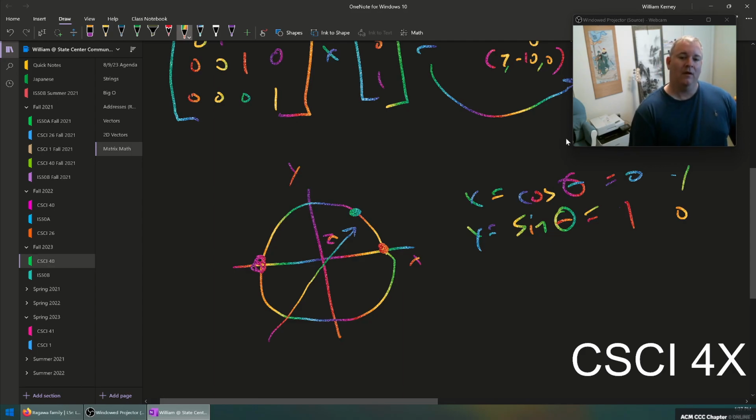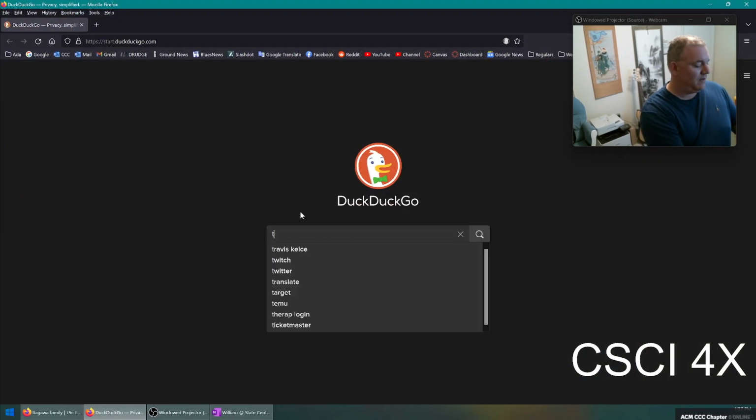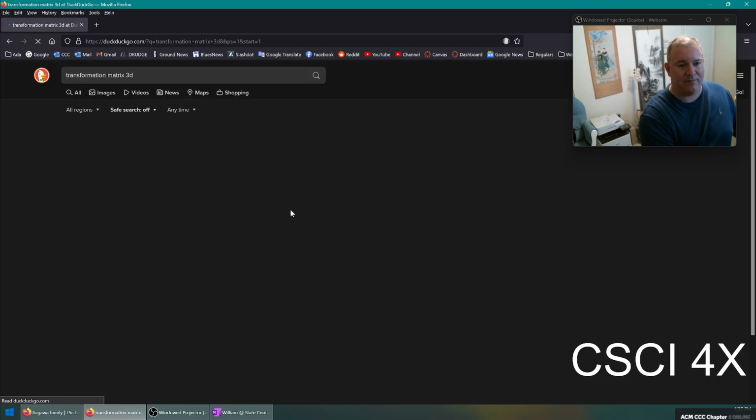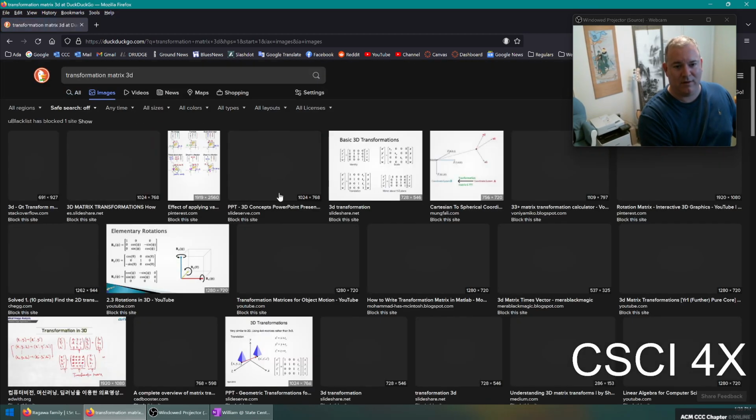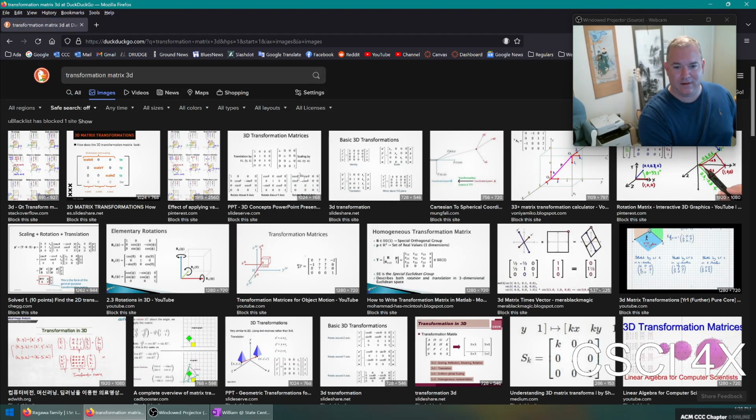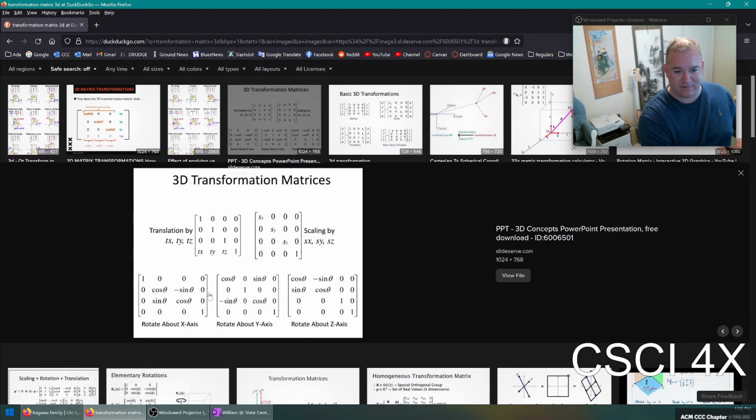If you're going to rotate around the x-axis, then it's going to be a different pair of those. Rather than asking you to memorize all this, we just look up the transformation matrix 3D, and there are cheat sheets that will tell you the rotations around each one of the axes.